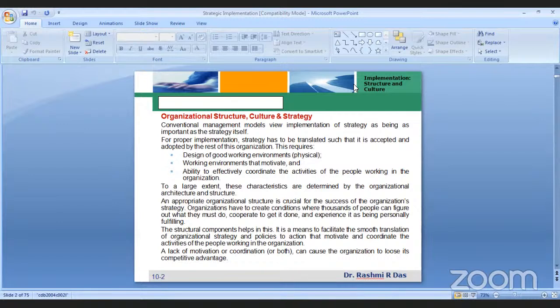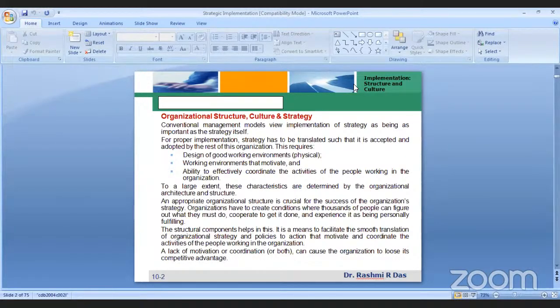Next is the ability to effectively coordinate the activities of the people working in an organization. One has to build good coordination amongst the people so that workers feel comfortable to share their thoughts and abilities amongst the group, or take good suggestions from the group. That coordination is also very much required for good strategy implementation.